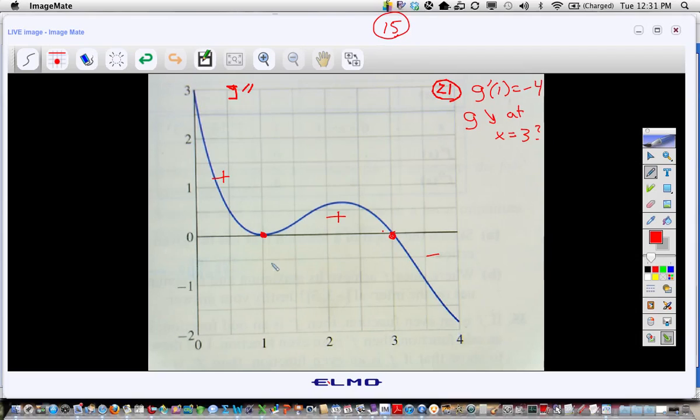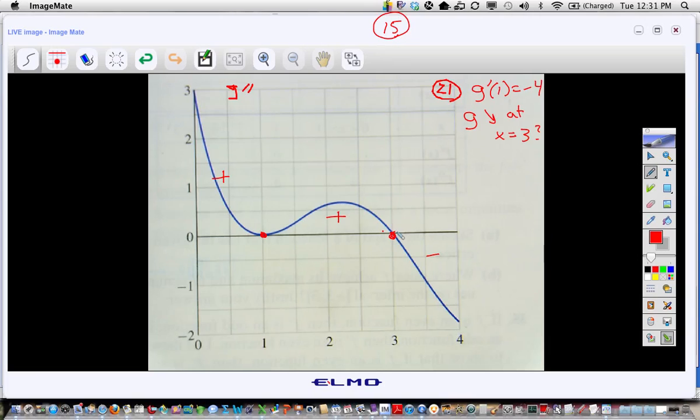I don't have to go 0 to 1 and 1 to 3, because there's no change. The only time a graph has no concavity is either it's a line or it's changing concavity. So in this case, since it doesn't change concavity here, we can say that since G double prime is positive all the way to 3, G is concave up that whole time, okay?